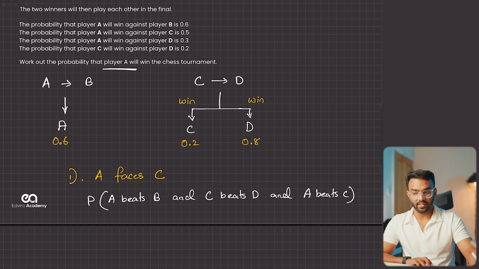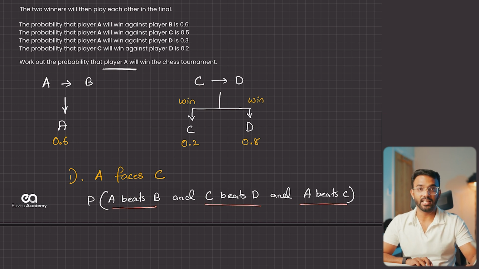That needs to happen for A to win. A will have to beat B, C will have to beat D, and A will have to beat C after that. So that's one situation.